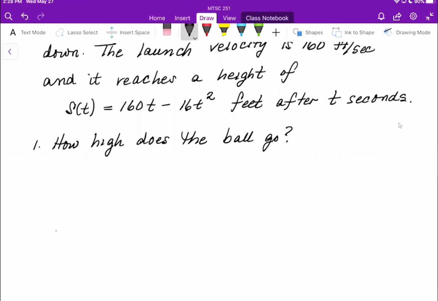If the ball is traveling up, hits a velocity of 0, and then speeds up as it comes back down, at this point right here, the velocity of the ball is 0.